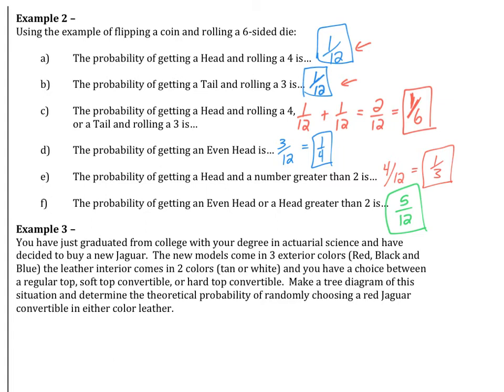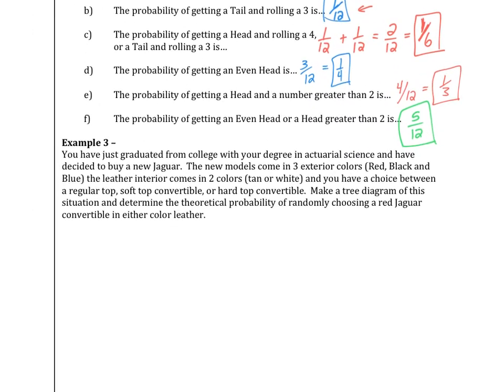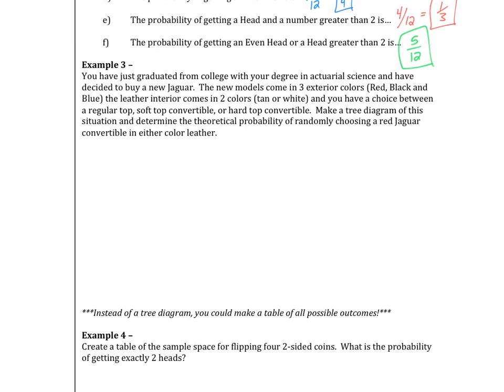Okay, and then our last two examples actually work on drawing the tree diagram. So example 3 says you have just graduated from college with your degree in actuarial science and have decided to buy a new Jaguar. The two models come in 3 exterior colors. They could be red, black, or blue.